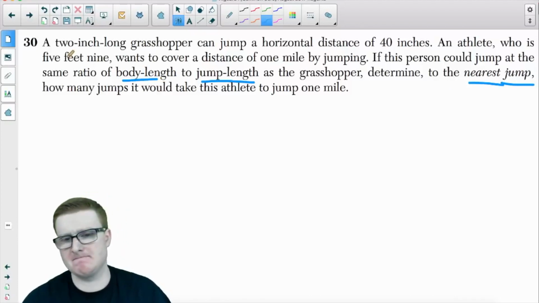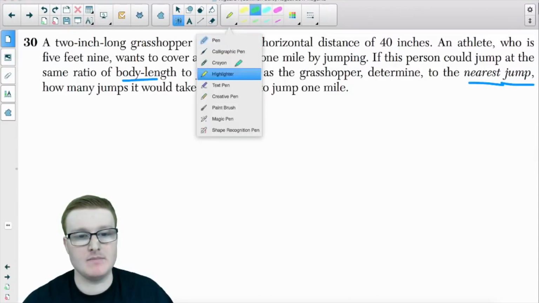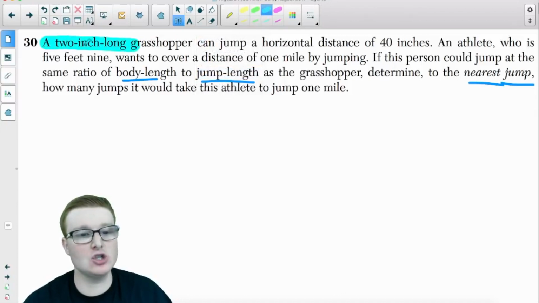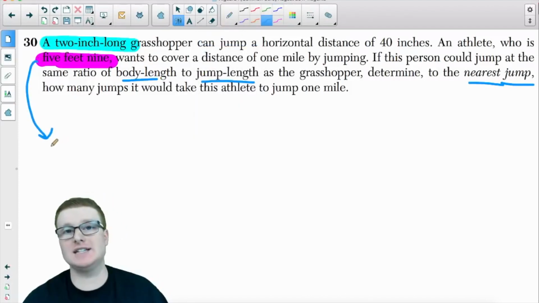Okay, here's the thing. I'm going to convert it to inches. It says here in the problem, a 2-inch long grasshopper. So I'm going to take the 5'9" athlete and convert the 5'9" to inches.